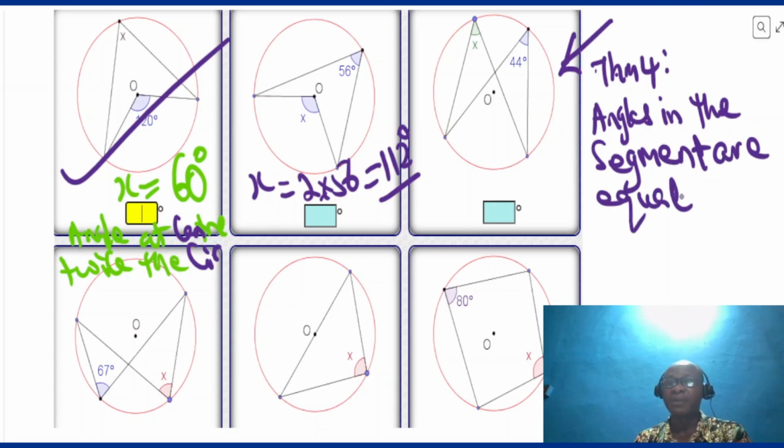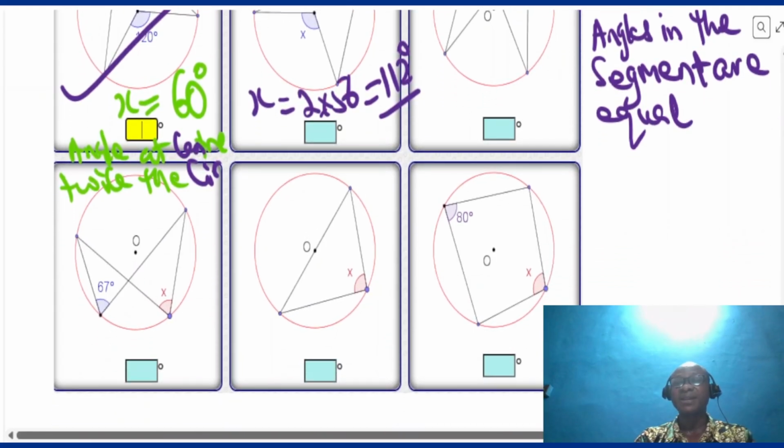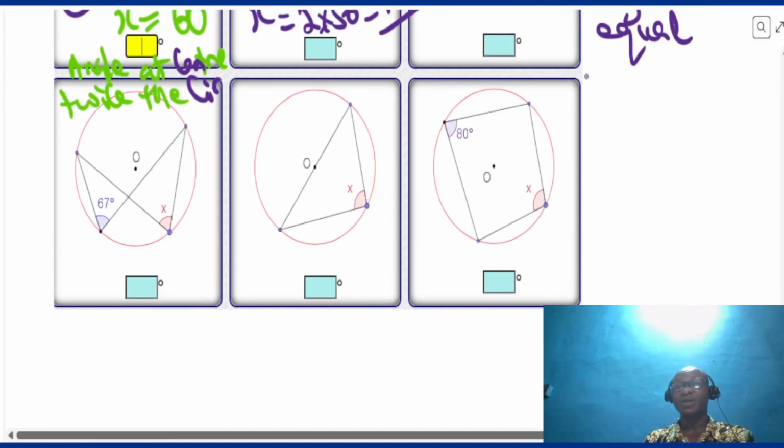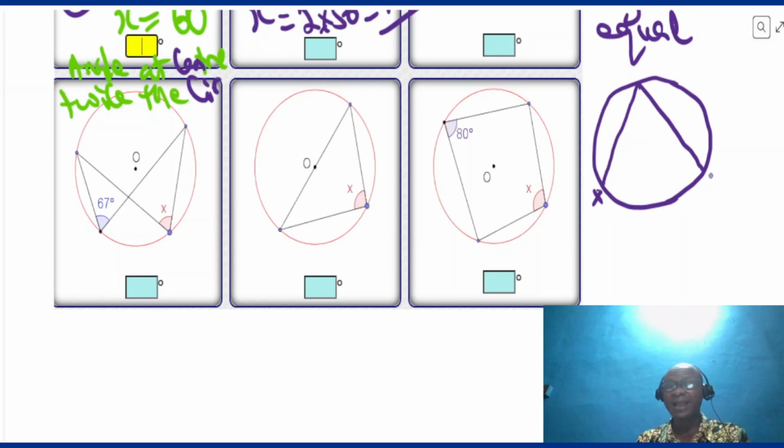And I will explain further with a diagram. If I draw a circle like this, and from this place, let's call this place A, X, and call this place Y. I have made an angle here already.